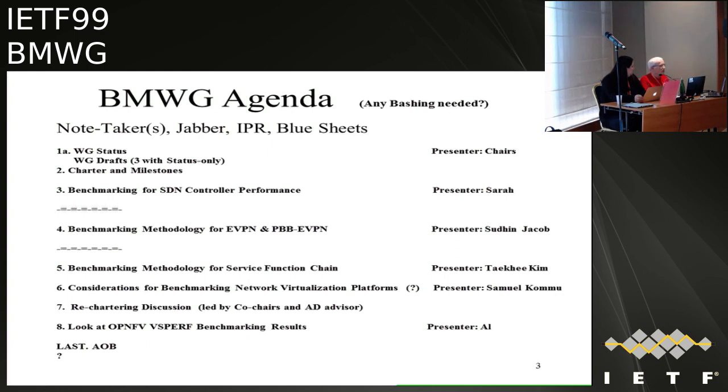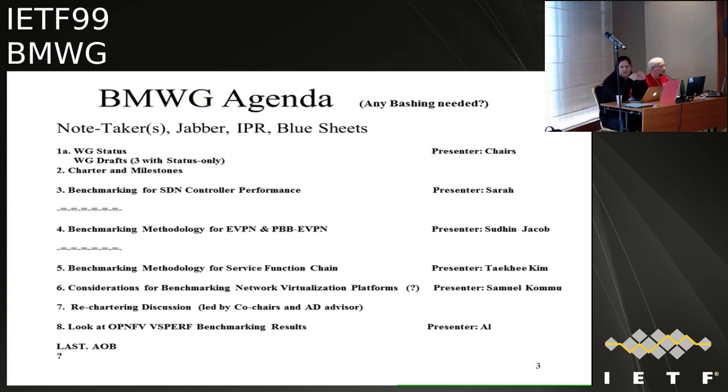All right. So here's our agenda. We're first going to talk about the working group drafts and the status of the working group. Briefly talk about our charter and milestones, and then we'll go into the working group drafts, of which right now, as I'll mention, only 2 are left on our charter. So that's a good thing.